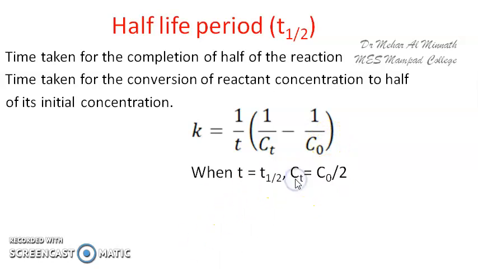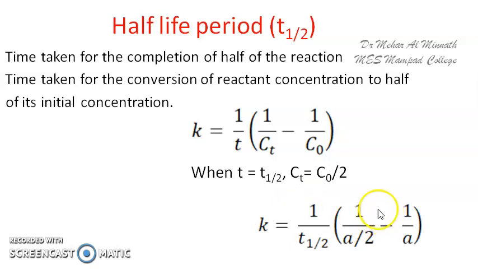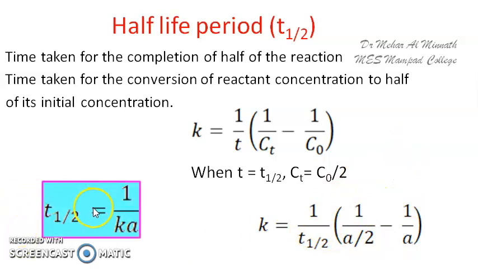Therefore k will be equal to 1 by t half into 1 by a by 2 minus 1 by a, where a is the initial concentration of the reactant. Now simplifying this term, you get t half equal to 1 by ka.